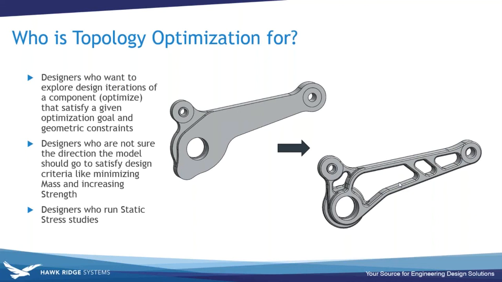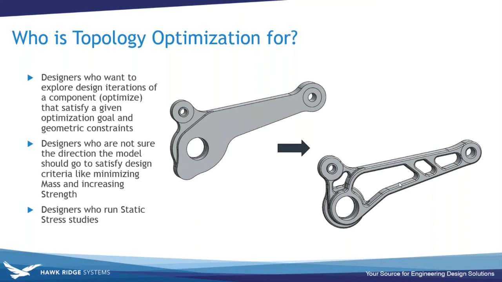So, the second point is it's for designers who are not sure the direction that the model should go in to satisfy those needs, right? Those design criteria. And if you've been running just a normal linear static analysis, a normal stress analysis where you're just checking your current design, to check whether it is exceeding a certain stress or it is going beyond yield, or checking to see whether it is below yield, right?